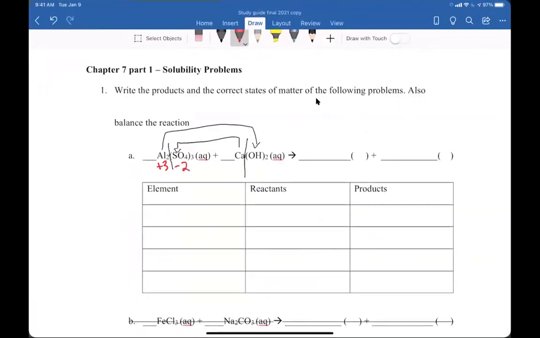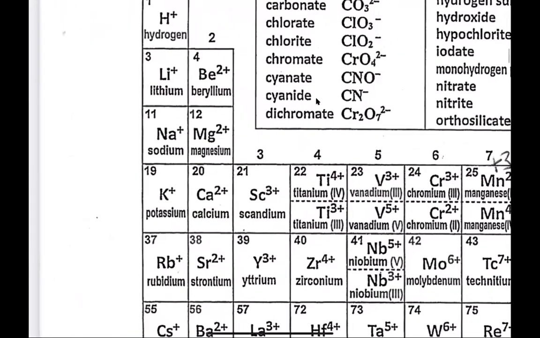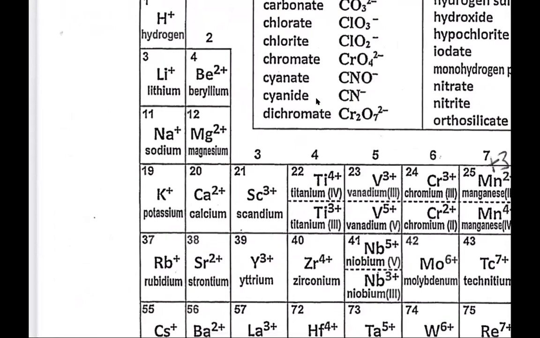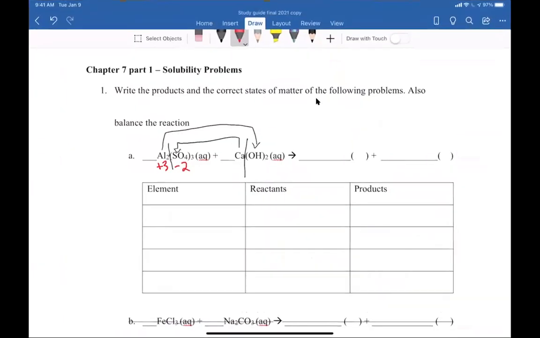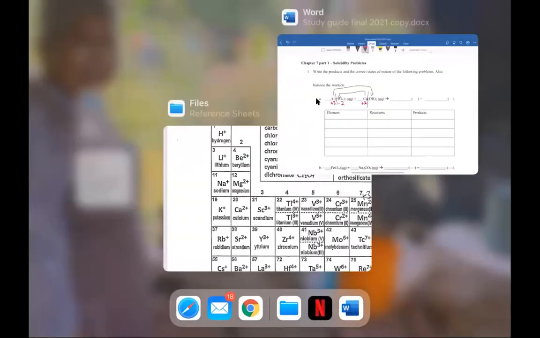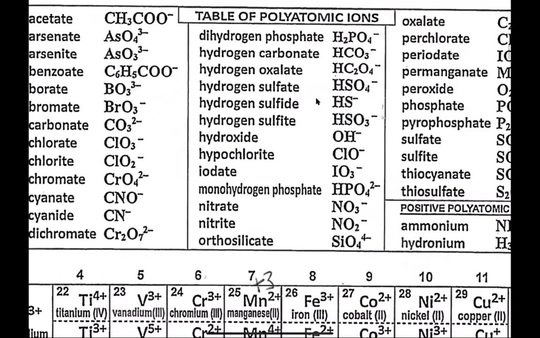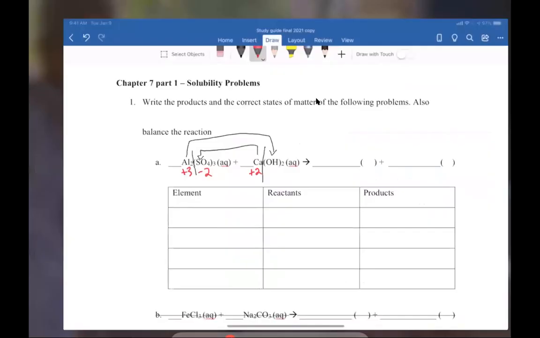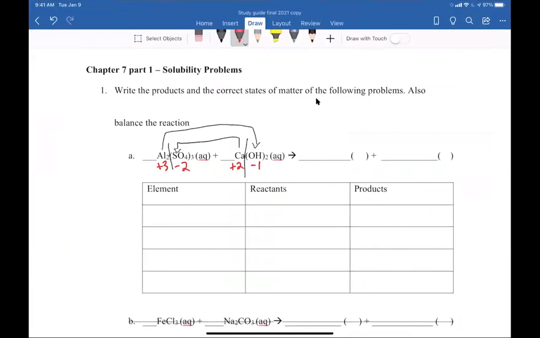Ca, let's go back to the periodic table. Ca is right here. What is the charge of Ca? +2. And lastly, we have OH. What is the charge of OH? -1. All right.